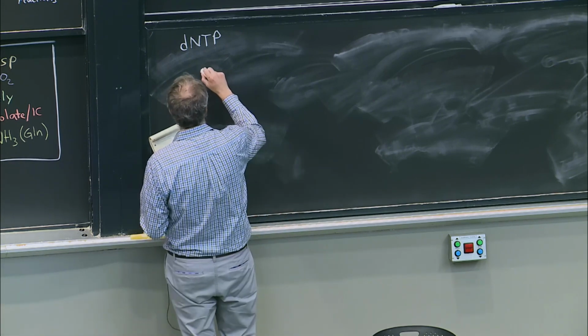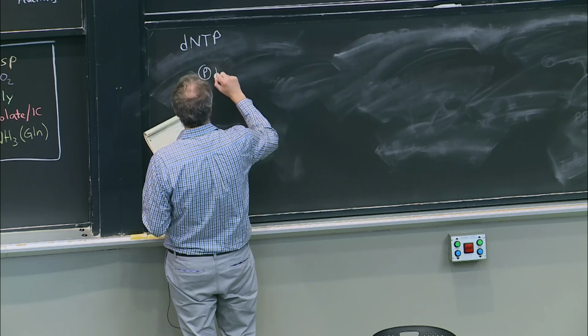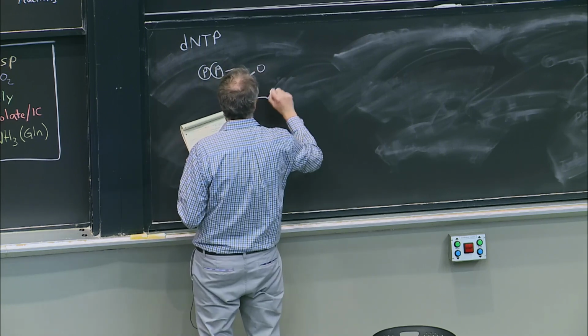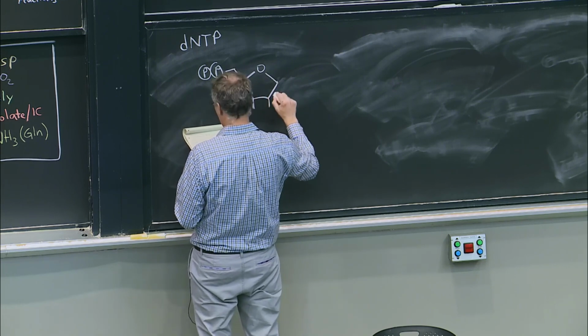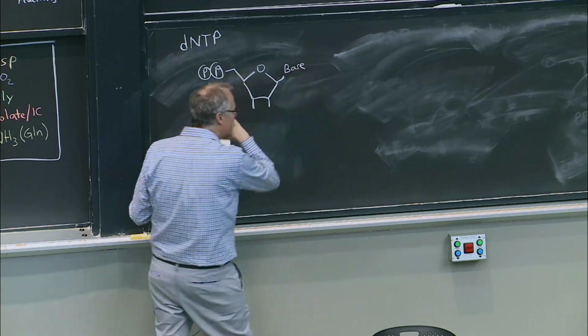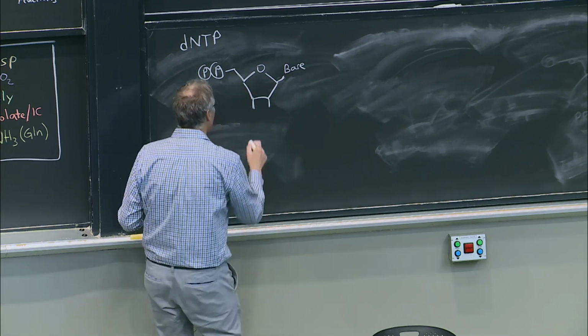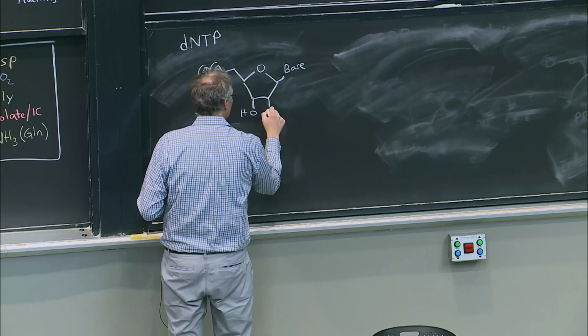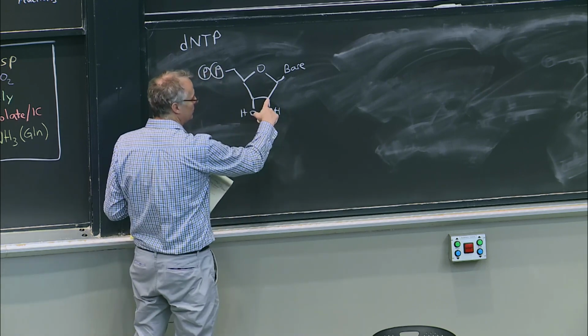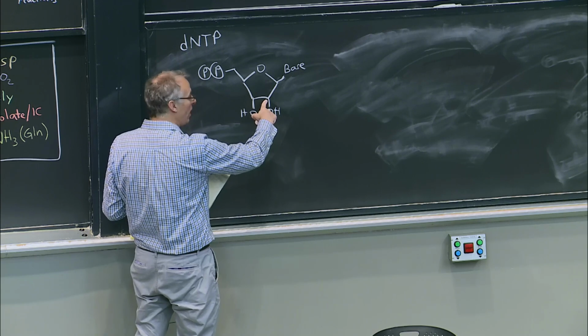So if we draw here, for whatever base, adenine, guanine, whatever, basically, if we're going to generate a deoxyribonucleoside, we have to remember this is the 2 position of ribose.